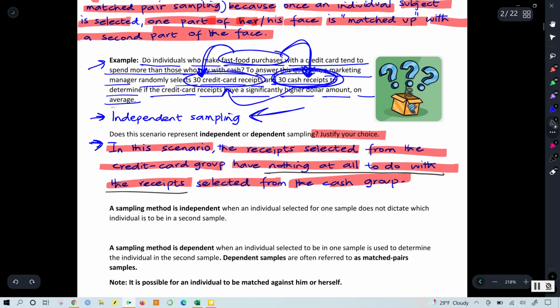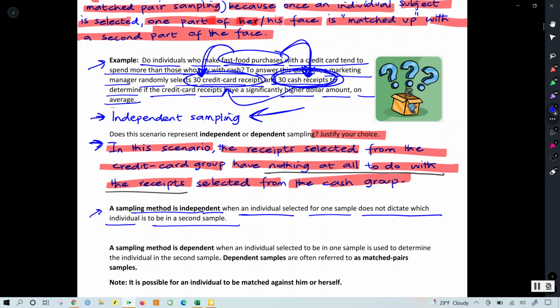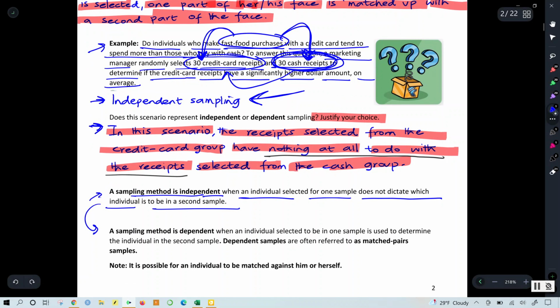In general, we say that a sampling method is independent when an individual selected from one sample does not have anything to do with the individual to be selected in the second sample. In contrast, a sampling method is dependent when an individual selected to be in one sample is also used to determine the individual to be selected in the second sample.